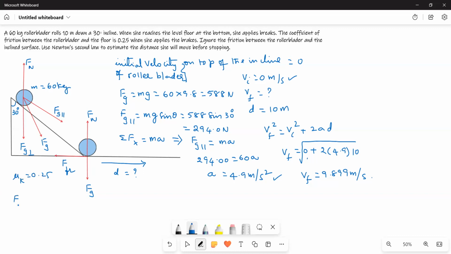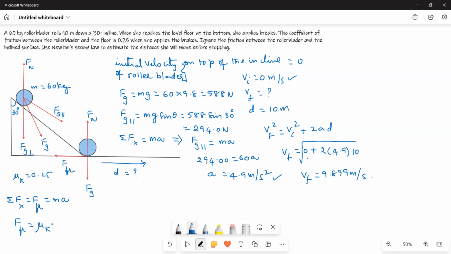Here I will write the force equation again: sigma Fx is equal to F friction is equal to ma.